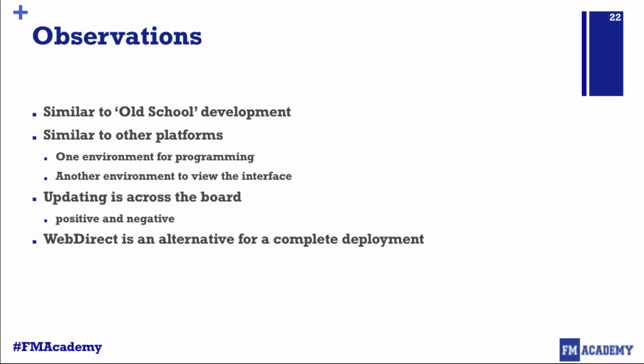In WebDirect, you update the server, and that updates everybody with a new backend. So that's a little scary, but on the other side, you don't have the pain of actually having to update everyone's computer. And with the addition of PDFs, I really feel, and the number of users, WebDirect is really a great alternative for a complete deployment.